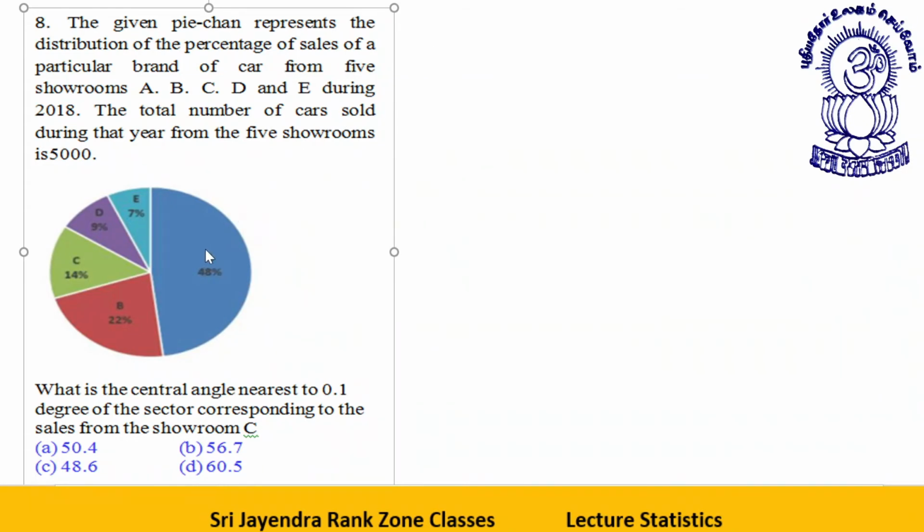We know all this part. Okay. What is being asked? What is the central angle nearest to 0.1 degree of a sector corresponding to the sales from the showroom C?